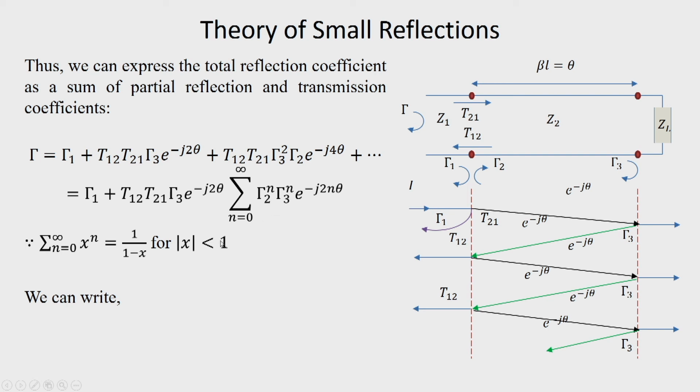And if we apply this relation, we can write this summation replaced by 1 by 1 minus gamma 2 gamma 3 e to the power minus j 2 theta, and hence we get gamma to be equal to gamma 1 plus T12, T21, gamma 3 e to the power minus j 2 theta divided by 1 minus gamma 2 gamma 3 e to the power minus j 2 theta.